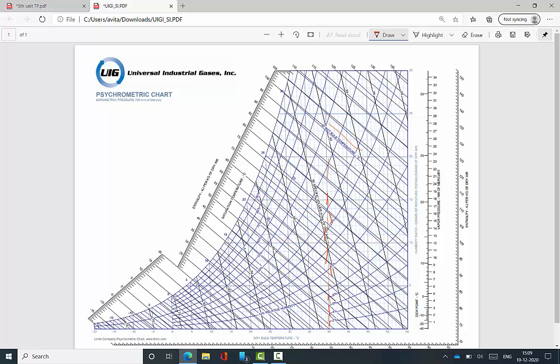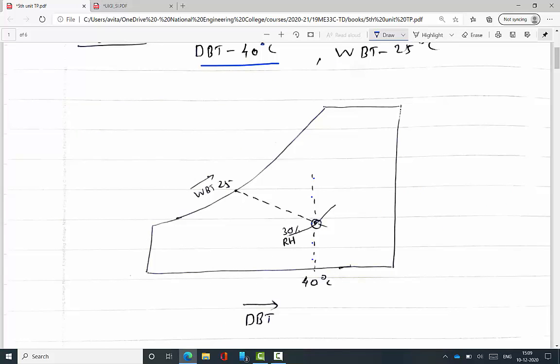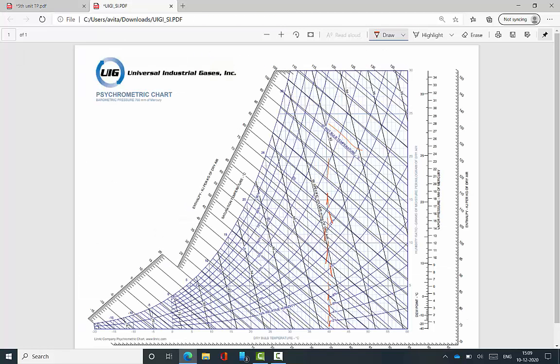Then another data is 25 degrees Celsius WBT. The WBT lines are located in an inclined manner, for 5, 10, 15, 20, 25. I need this value only.